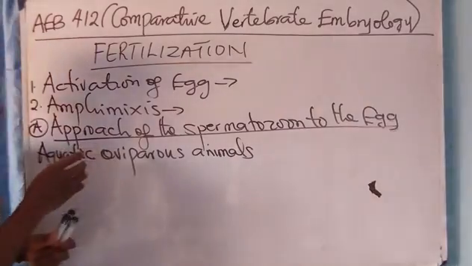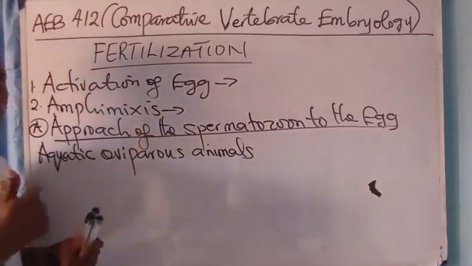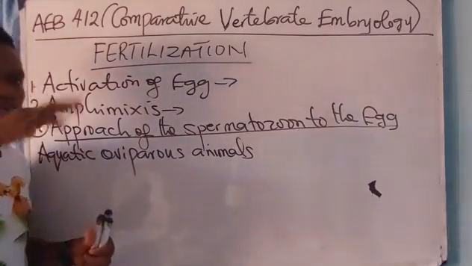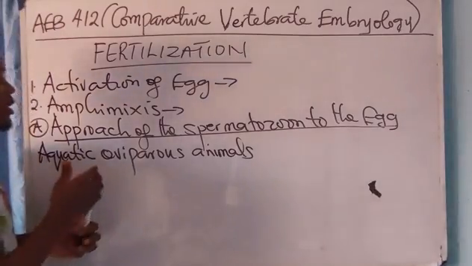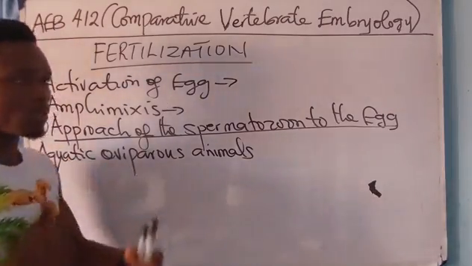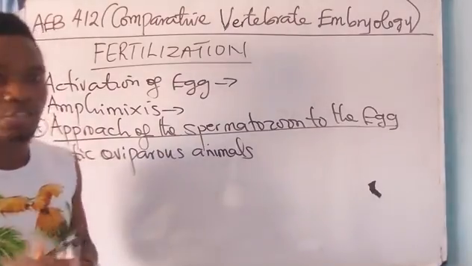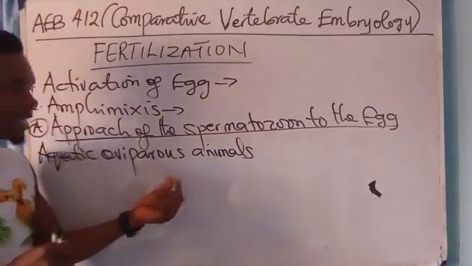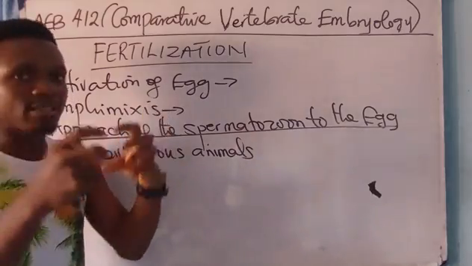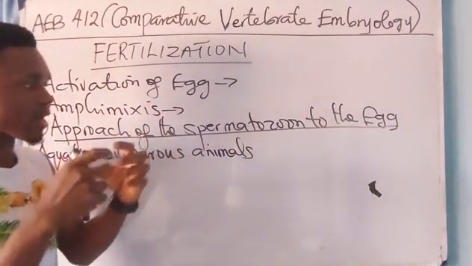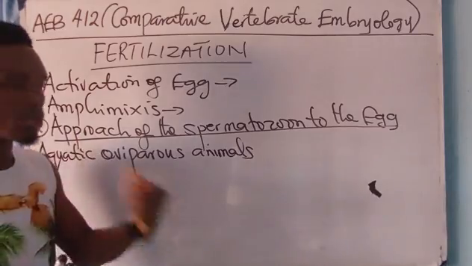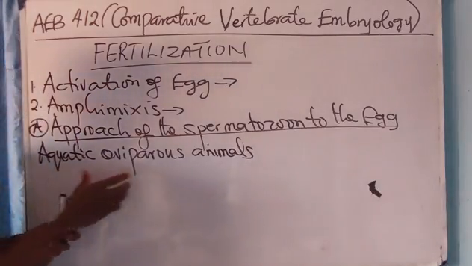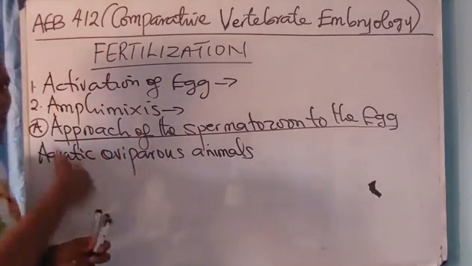By the swimming action of the sperm, or by the lashing movement of the tail, the sperm will swim towards the egg for fertilization, which means that as soon as the egg and sperm meet, they interact. As soon as they interact, fertilization begins to take place. That is what happens in oviparous animals.